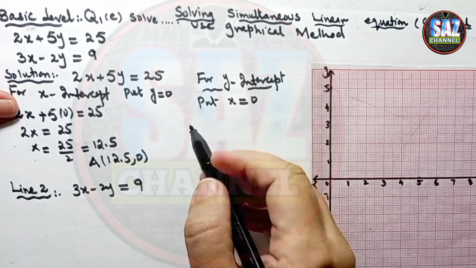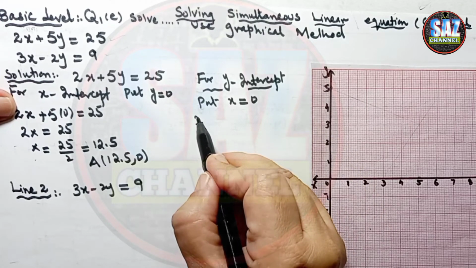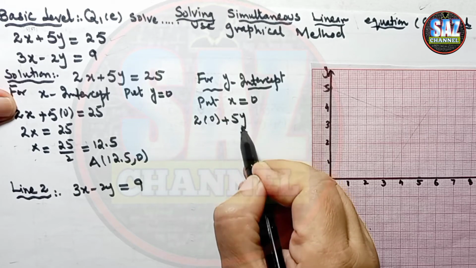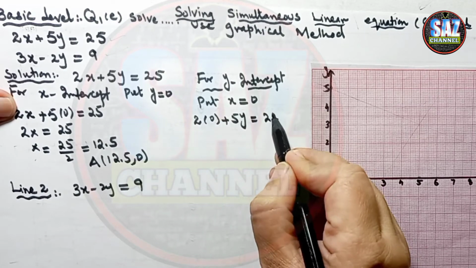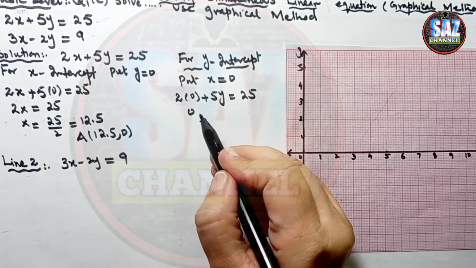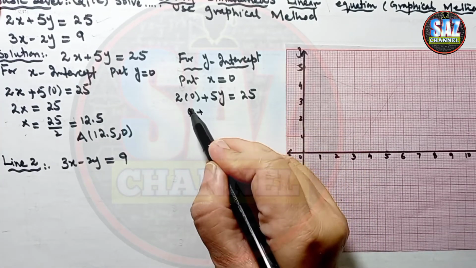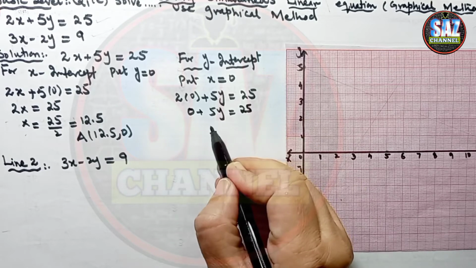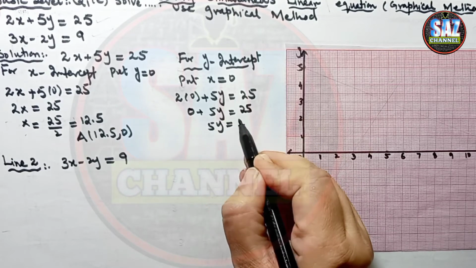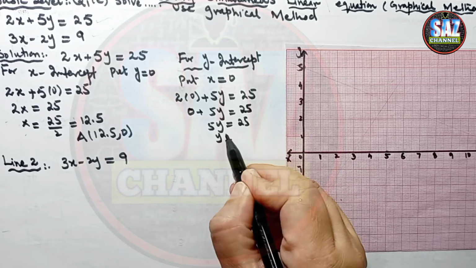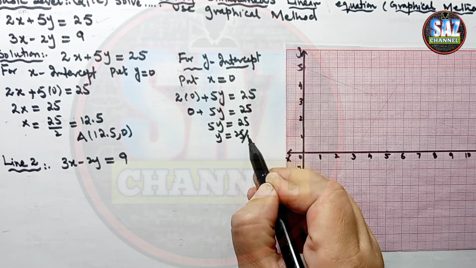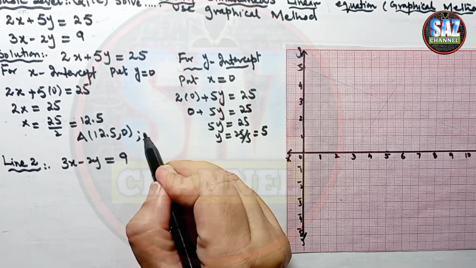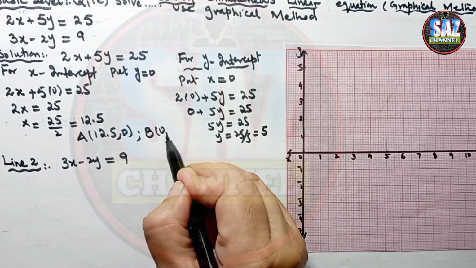When I put x equals 0, the equation takes the form 2 into 0 plus 5y equals 25, or 5y equals 25, y equals 25 by 5, which is equal to 5. So the second point will be B, 0 with 5.